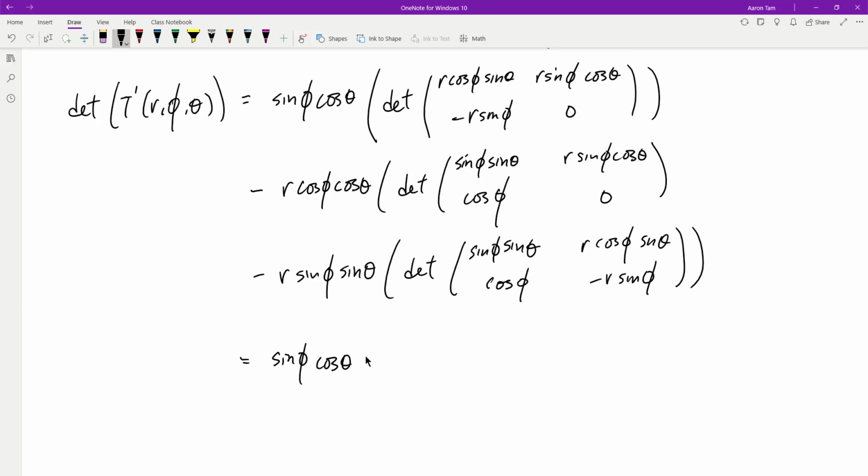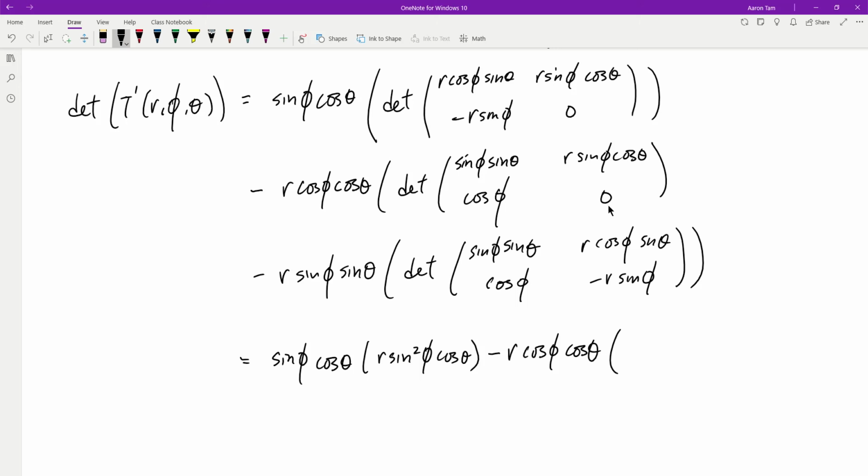Here it becomes multiplied by minus, so it becomes plus. So it becomes plus r sine squared phi cosine theta, minus r cosine phi cosine theta multiplied by the determinant of this matrix.